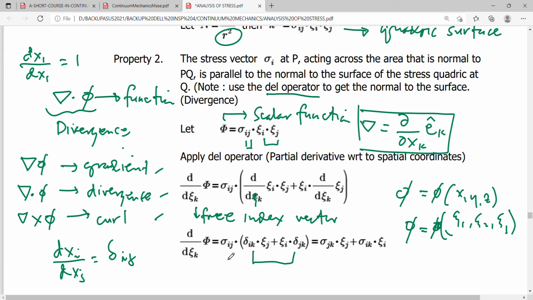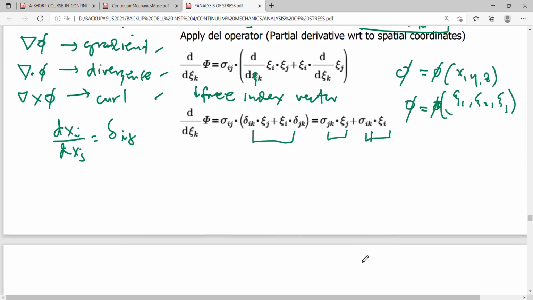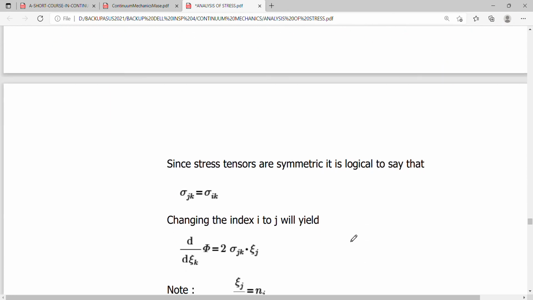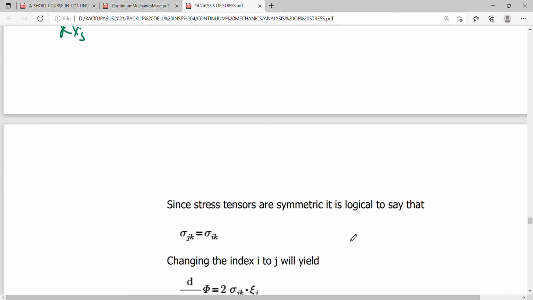And look at the choice of the subscript. I have here a k value, I have here a k value here. i and i are dummy repeated indexes, and j and j are dummy repeated indexes, meaning to say that I have to be consistent only in k. Therefore, the subscripts j and i can be collapsed into a single subscript, which is simply what?